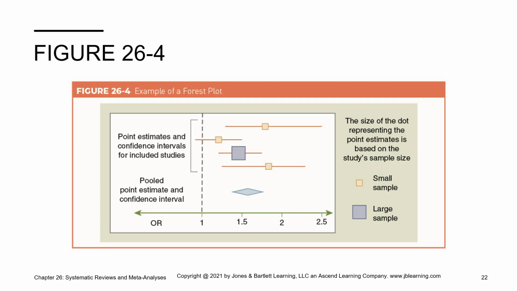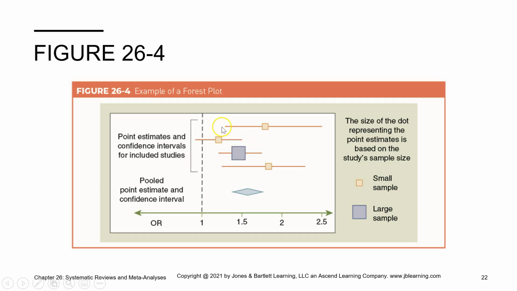And so figure 26.4 gives an example of a forest plot, and here you can see the point estimates are included as the boxes. And these small boxes are studies with a smaller sample size. And the large box has a large sample size. And then you can see that the confidence intervals are typically much smaller if there is a large sample size.